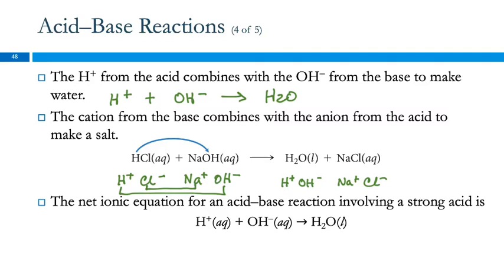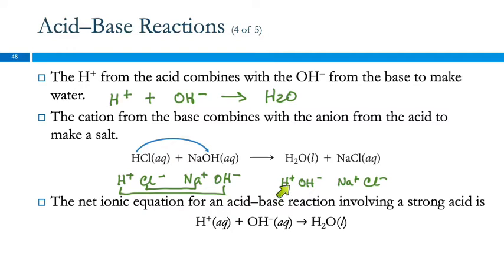So when you have to predict the products of a reaction, which you will have to do fairly often, a good first step is to think, well, can I separate this into ions and just swap the partners and see what I get? That works for a lot of things.